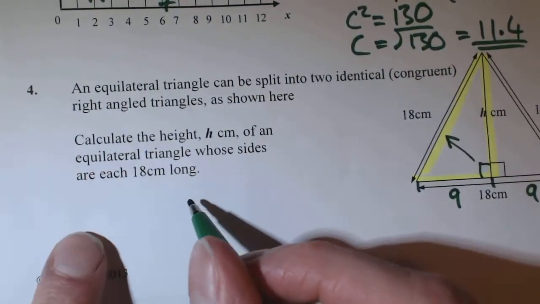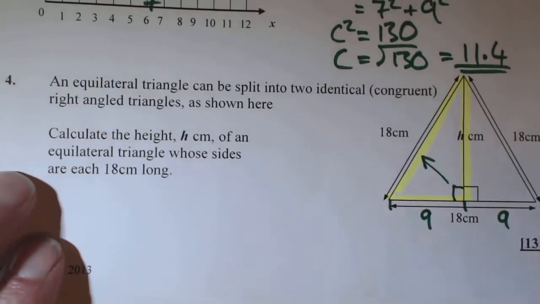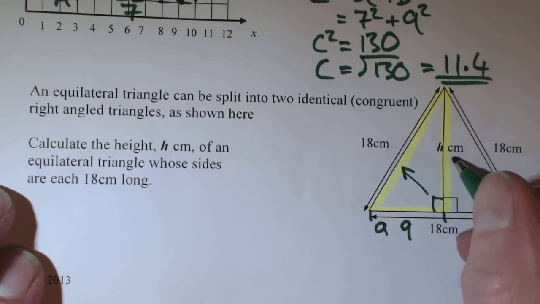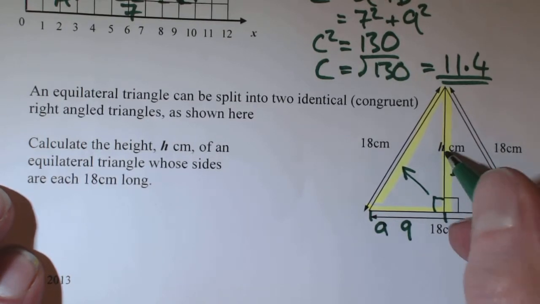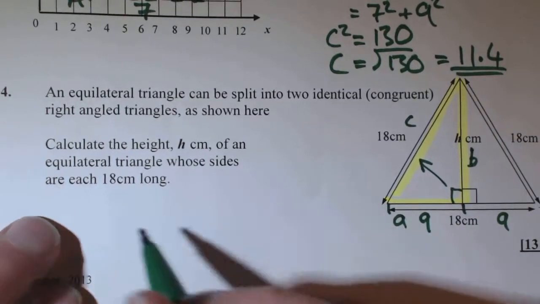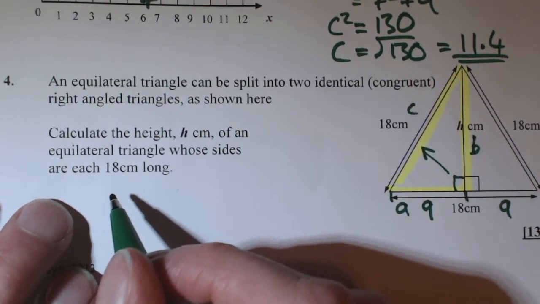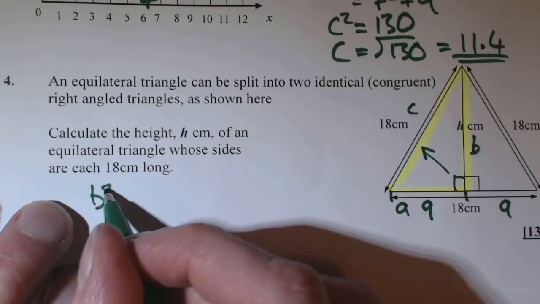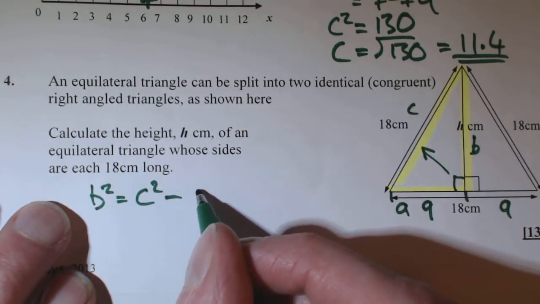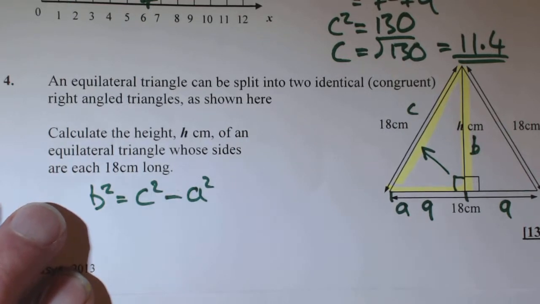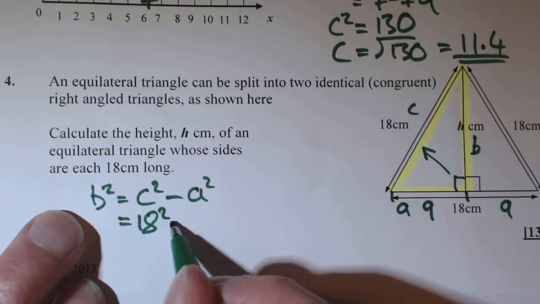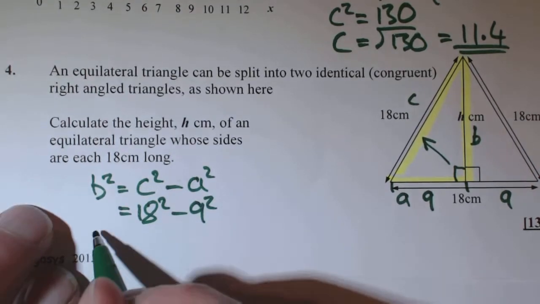Okay, so this is when we'll call this A, we'll call this B. Obviously, it's H, and that's C. So what we're looking at is using something such as b squared equals c squared minus a squared. Okay, so what we've got is that's 18 squared minus 9 squared.